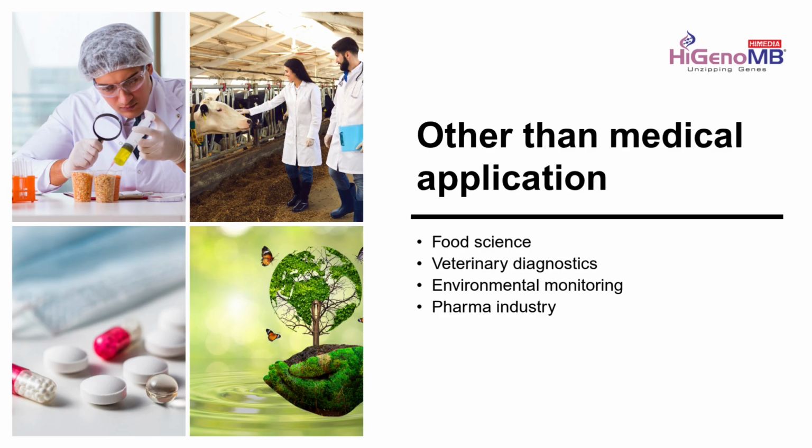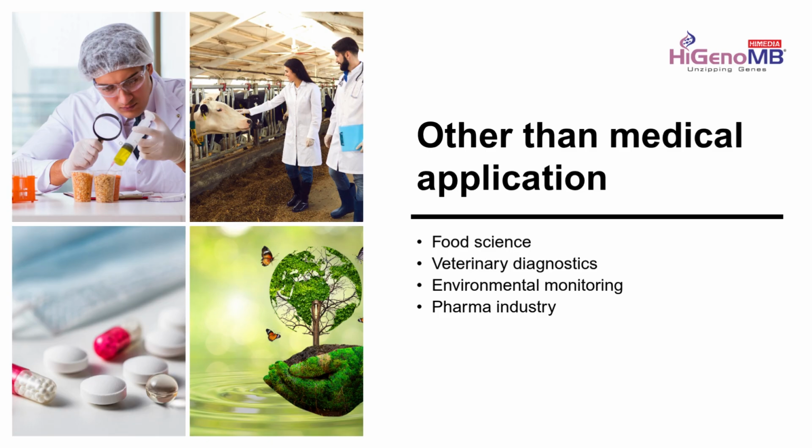Apart from disease diagnosis, PCR has multiple other applications in other fields, such as in food science. There are a few countries all over the world, for example in Europe, where people do not entertain genetically modified food items.